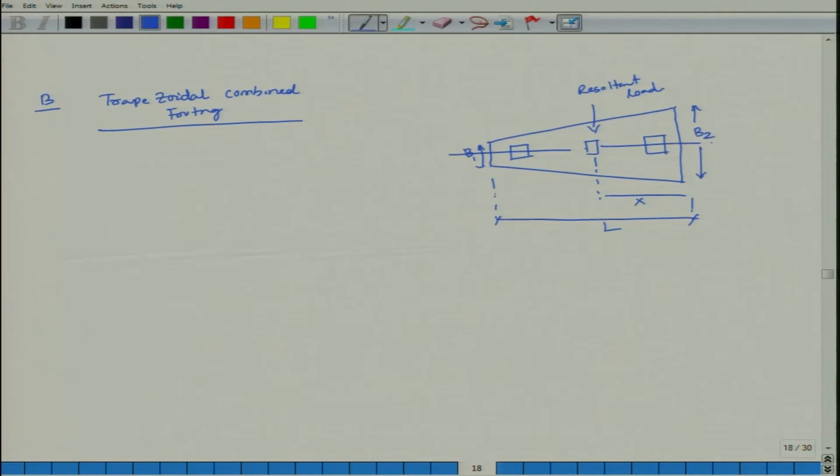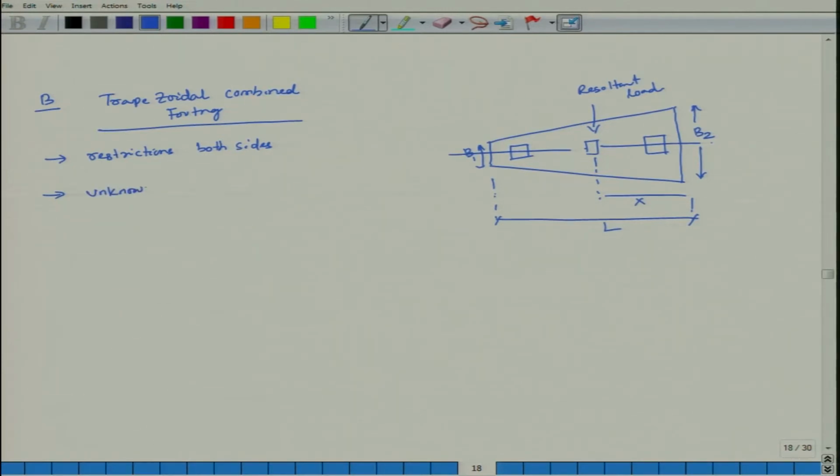So, where can you go for a trapezoidal combined footing? Number 1, restriction on both sides. Here there is a restriction, this side also, from this column load also there are restrictions. When there are restrictions on both sides, in that case you can go for trapezoidal footing. What are your unknown quantities?